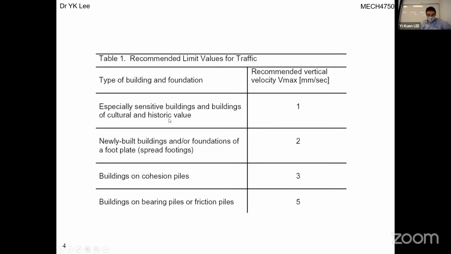Different buildings have different vibration requirements. You see, for a new building, maybe the maximum vertical velocity is 2 millimeters per second, right? And a building on bearing piles, friction piles, is a little bit larger, right?